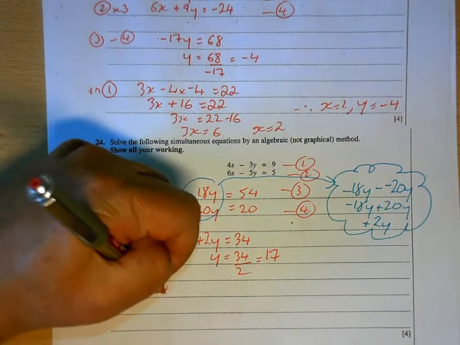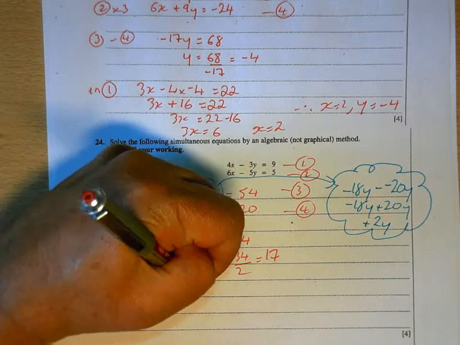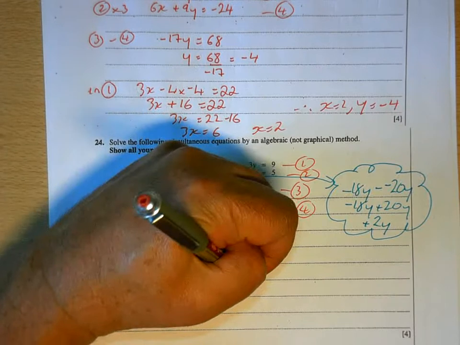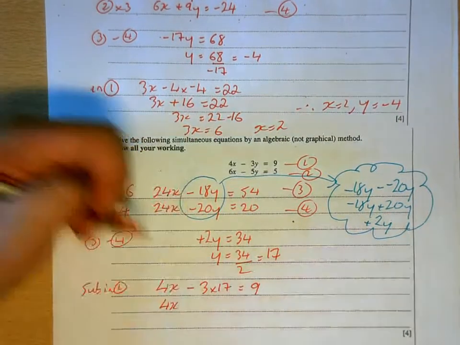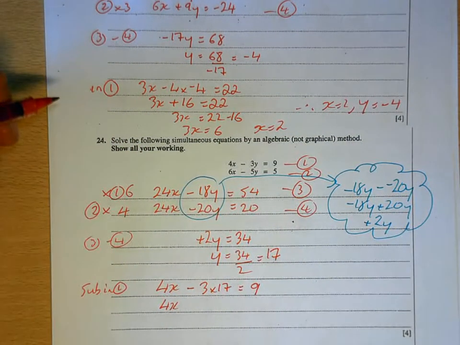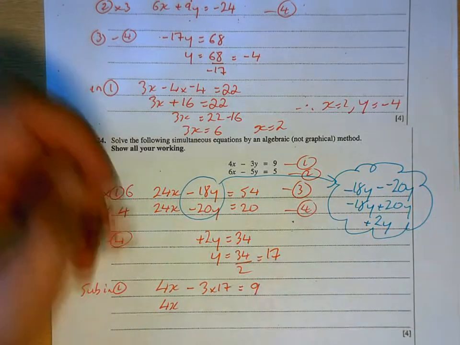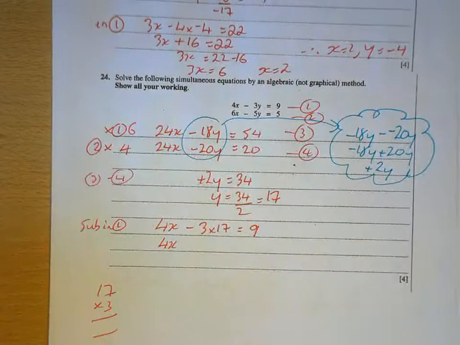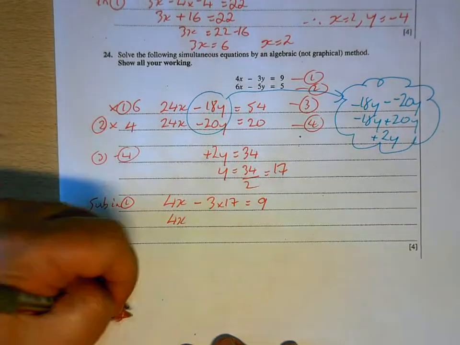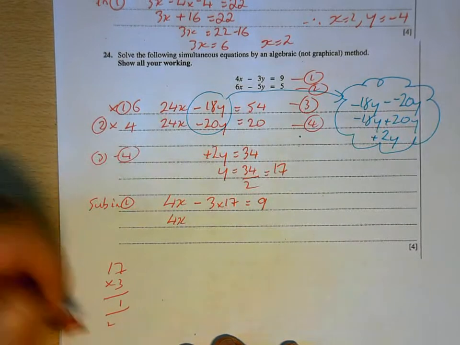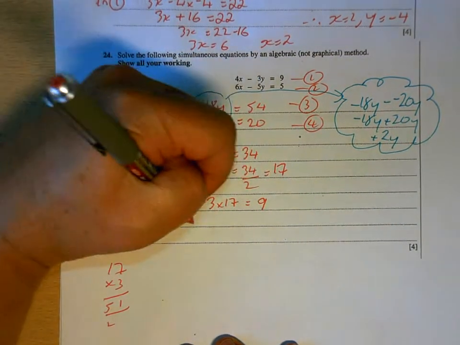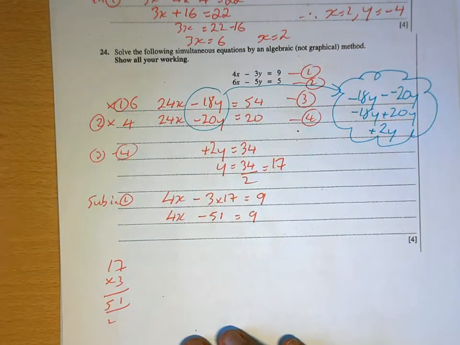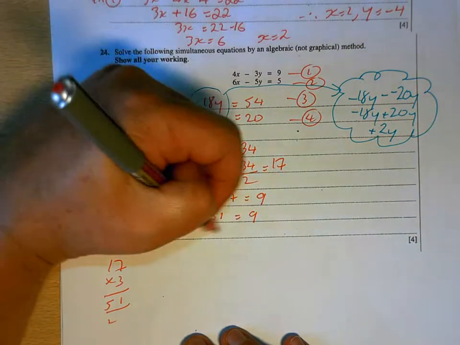Sub in 1, 4x take away 3 lots of 17 equals 9. 4x take away 3 lots of 17 is, not sure, work it out as a little multiplication sum. 7 3s are 21, 1 3 is 3, add 2 is 51. So 4x take away 51 is 9.